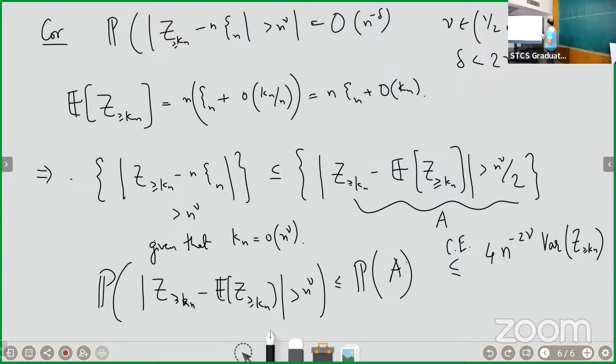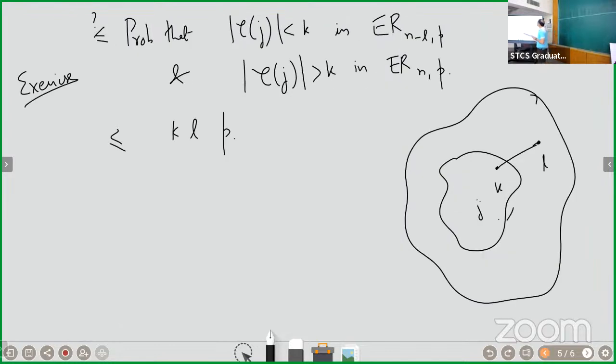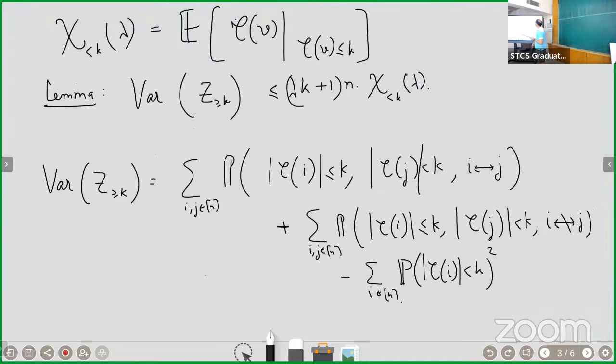So we bounded it in terms of what? In terms of this quantity chi. Yes. Right. Now, how large is chi, less than k? Can you give me a trivial upper bound?